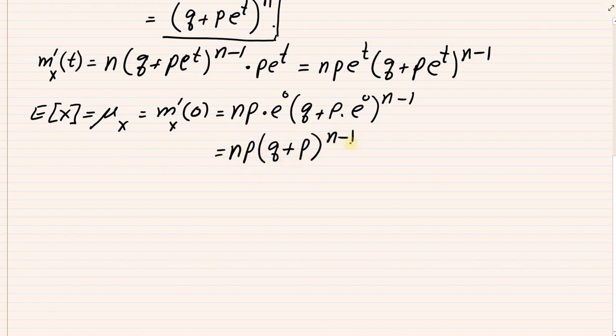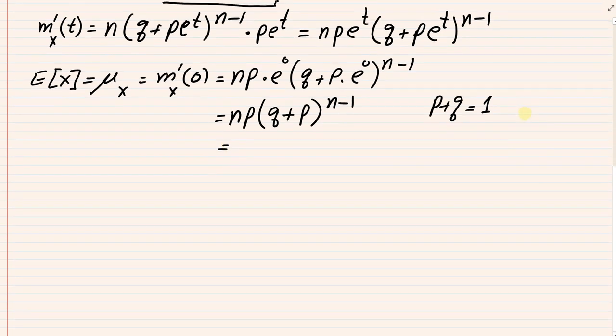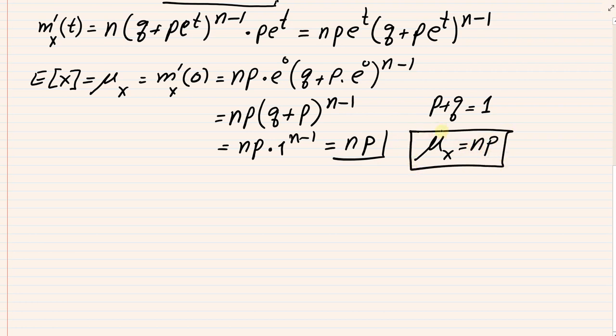But then p plus q is going to be 1, isn't it? Probability of success plus probability of failure is going to equal 1. So I'm going to get np, because what's in parentheses is going to be 1 to the n minus 1, which is itself 1. Therefore, the mean of the random variable is going to be np.